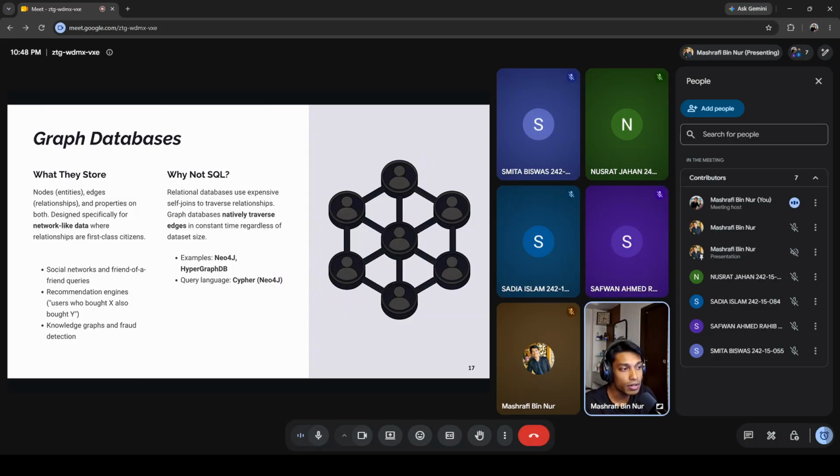So why not SQL? The core reason why we don't use SQL most of the time is the join. The self joins traverse relationships. The self join makes a lot of tables joined to tables, and that creates a lot of joins between them, and it computes for a lot of time.